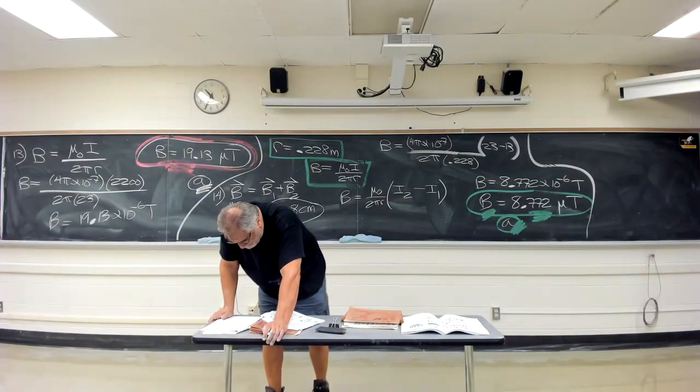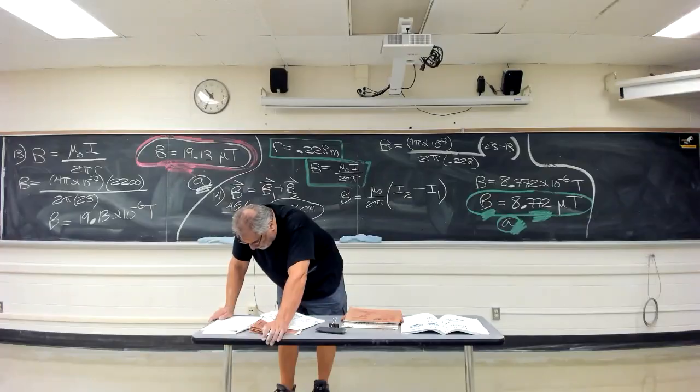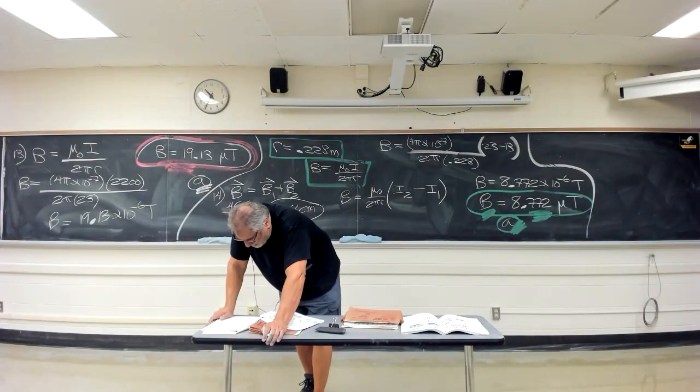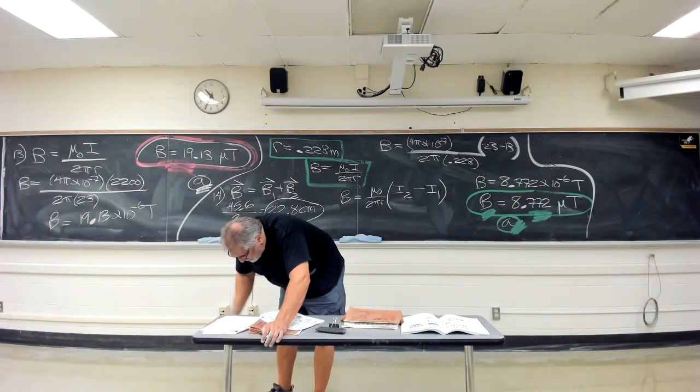Let's go to 16. A planar loop consisting of 7 turns of wire, each loop encloses 200 square centimeters, is oriented perpendicularly to a magnetic field that increases uniformly in magnitude from 14 times 10 to the negative 3 Teslas to 38 times 10 to the negative 3 Teslas in a time of 8 times 10 to the negative 3 seconds.